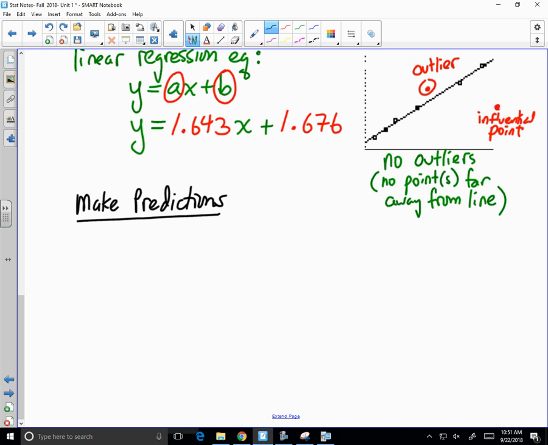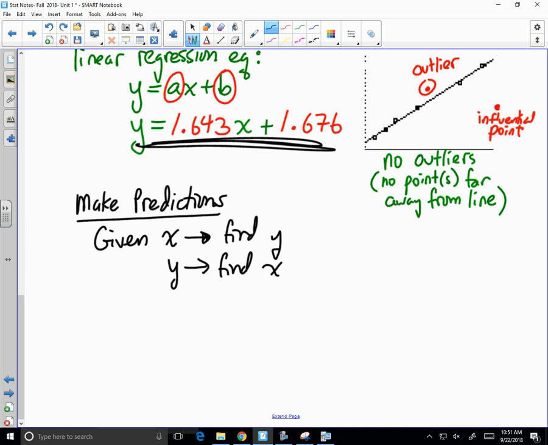If you're given x, find y. If you're given y, you could find x. But that's all based on your regression equation. So you have an equation that relates x and y.